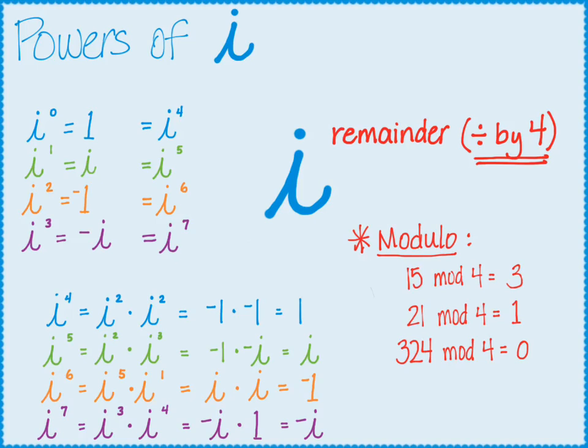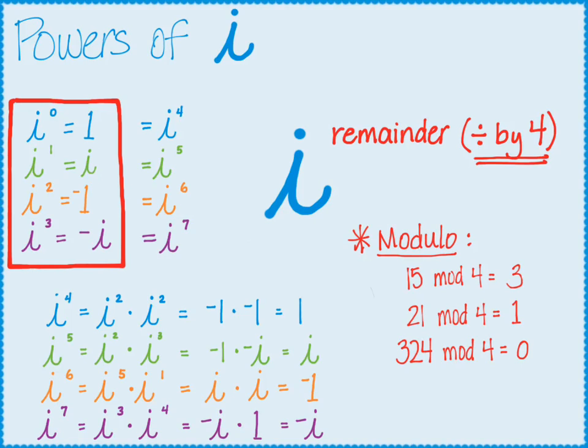So it ends up that all we need to know are these 4 powers of i and the ability to divide any other power by 4 to figure out its remainder. And the pattern is always going to be, when I'm thinking of the remainder of 0, 1, 2, and 3, I get either 1, i, negative 1, negative i.